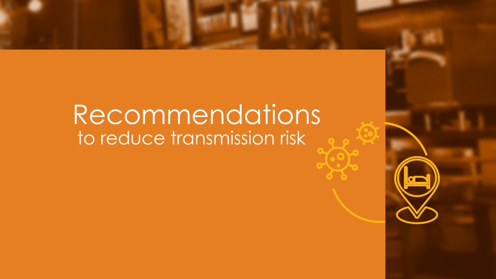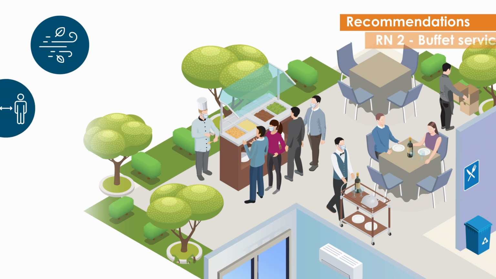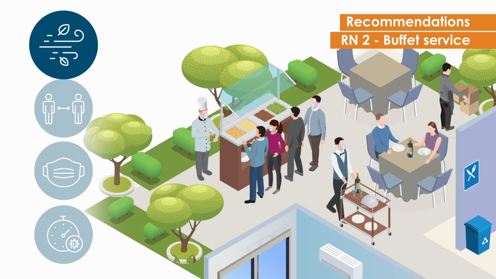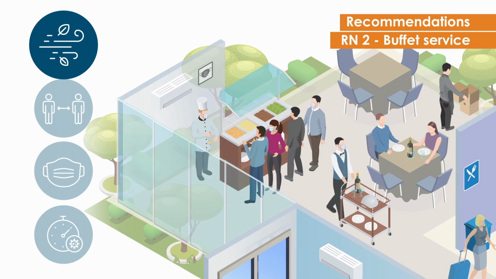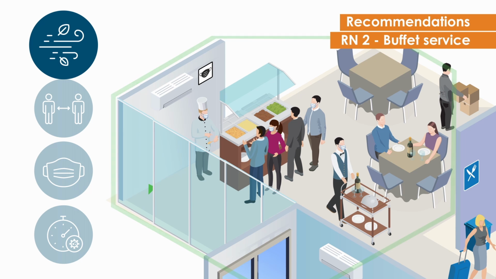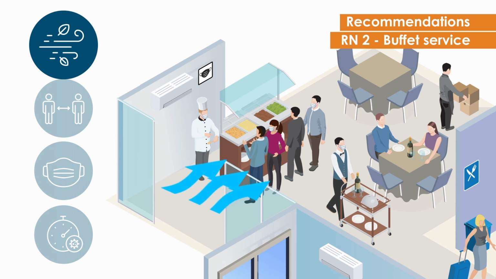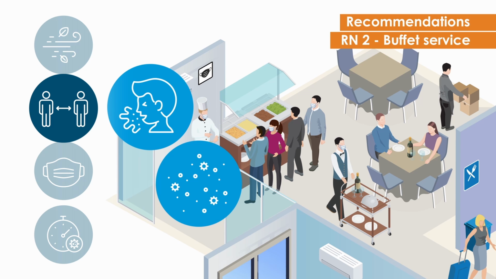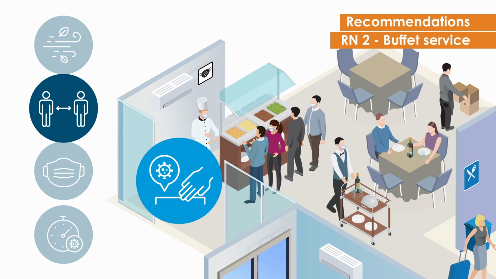Recommendations to reduce transmission risk. Arrange the buffet service in outdoor areas whenever possible. If the indoor lounge is used, open its doors and windows to provide air circulation even if the air conditioning is on. Customers are more likely to become infected by droplets or aerosols than by touching a surface.